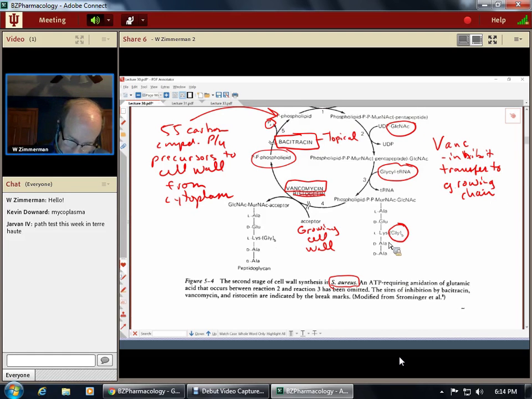And this D-alanine is what binds the vancomycin. And it's a steric hindrance.